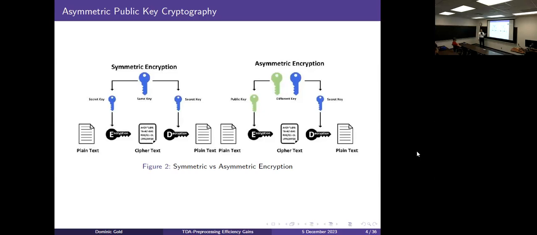Asymmetric key encryption, on the other hand, has a public key, which is quite literally public, and then you have a secret key, which are two distinct keys, where the public key is used for encryption. In a sense, anyone can send you a message as long as they have the public key, which is, again, public, so it's pretty easy to send someone a message. But to decrypt it, you use the secret key, and only you own the secret key, right? So only you can decrypt.